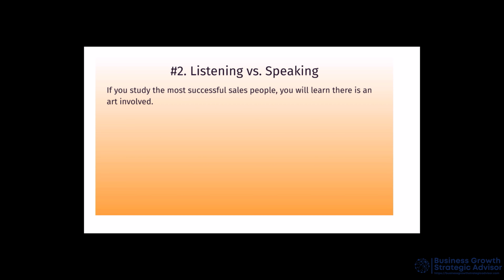Now, if you study the most successful salespeople, you will learn that there is an art involved. And if you study, for example, influential leaders who move people and have people following them, there's an art involved as well. So if you think about leaders, there are several different types of leaders, which is what we're talking about here.